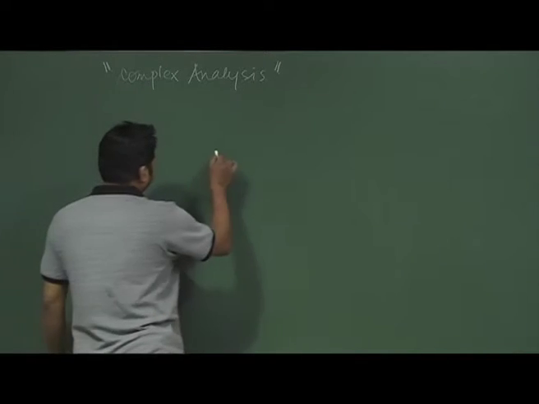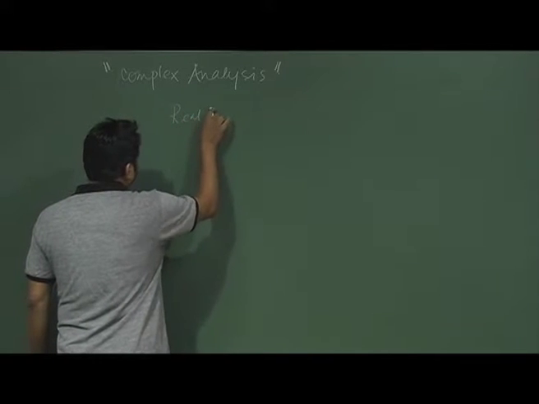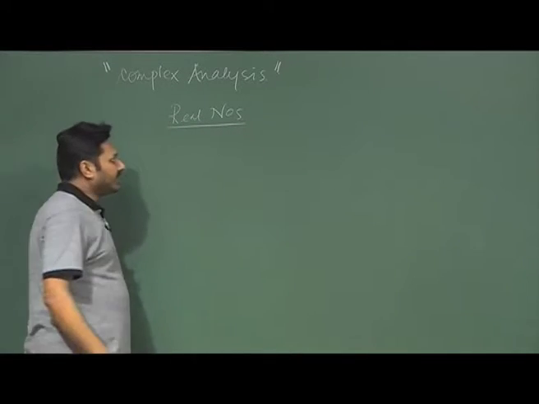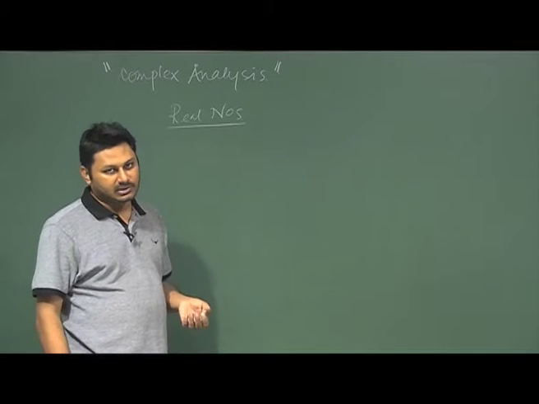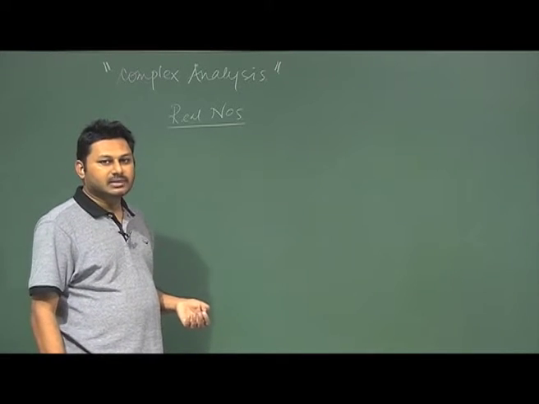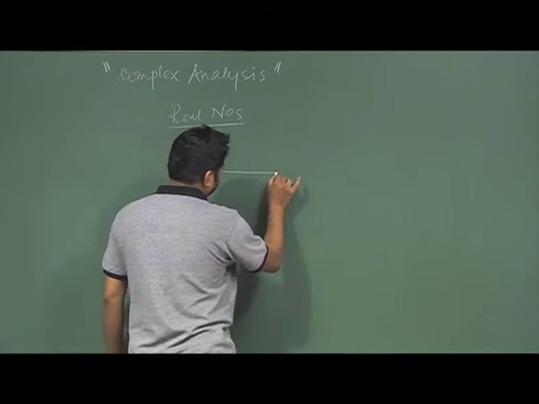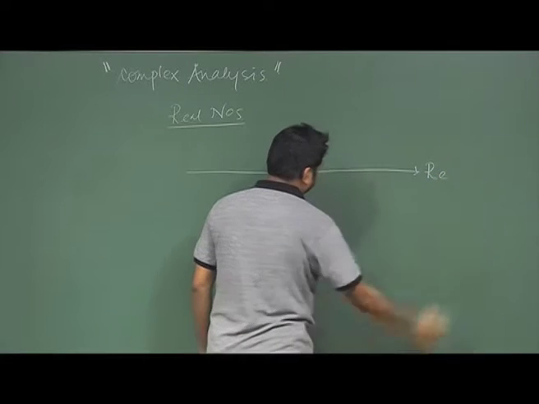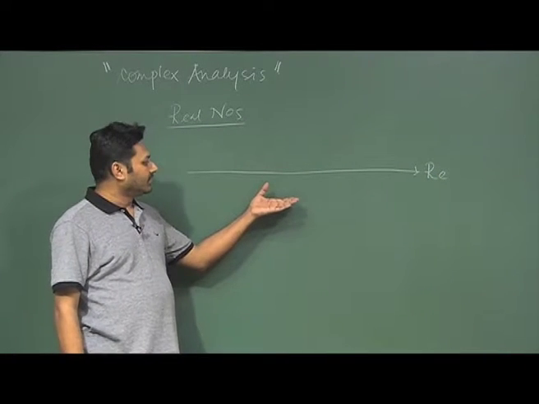So far we have been dealing mainly with real numbers, and there are different kinds of real numbers: rational, irrational, integers, and so on. Whatever the real numbers may be, this is a real line, and on this real line you can put the number.